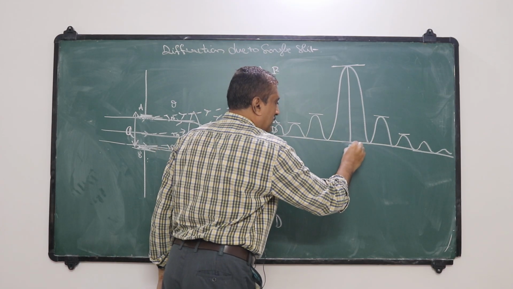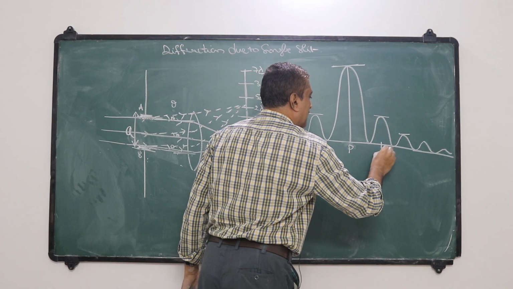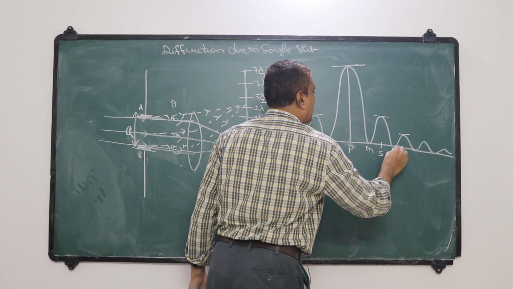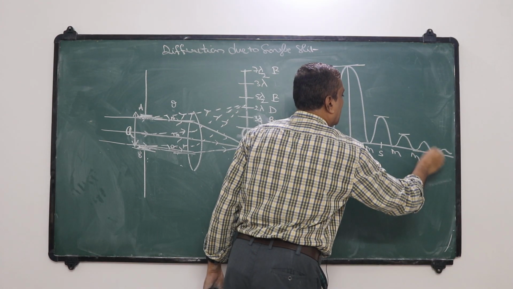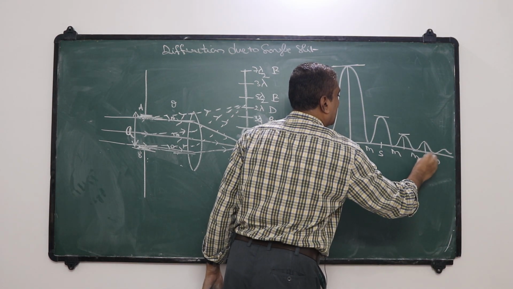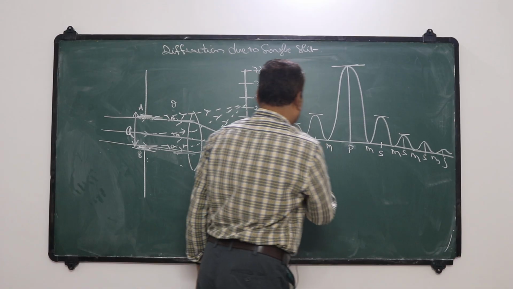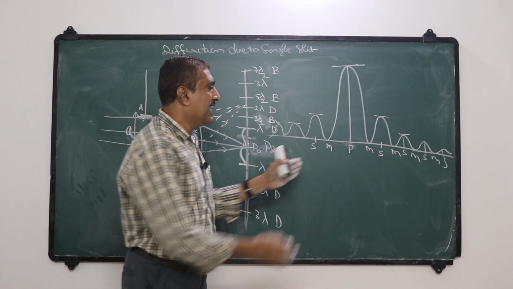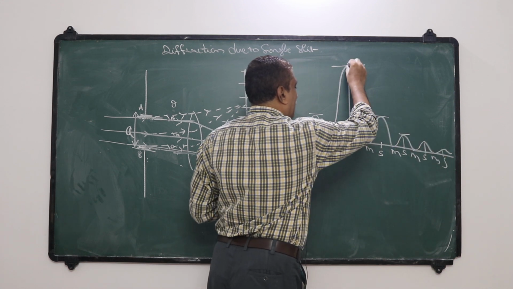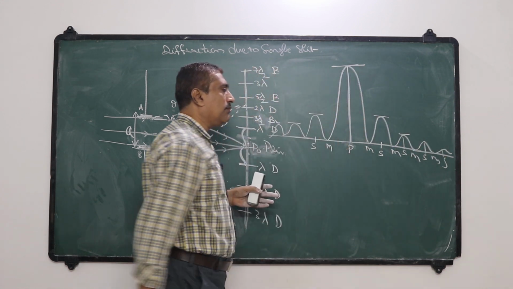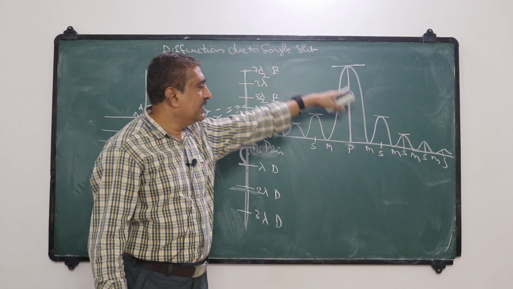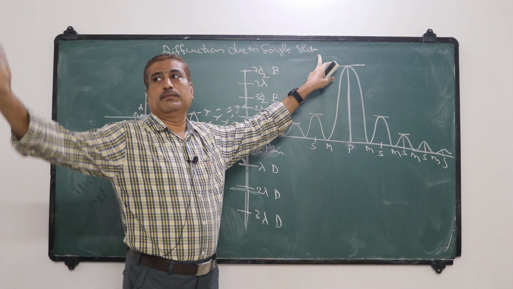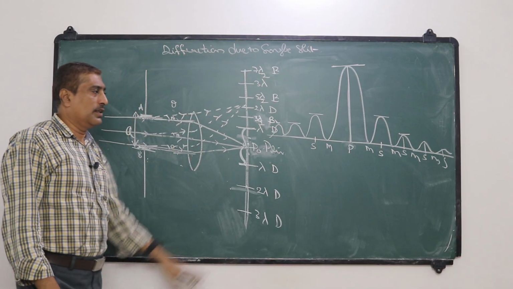So this is principal maximum, this is first order secondary maximum, and this is minimum. These are bright bands. So the intensity of the secondary maxima gradually decreases as we move away from the principal maximum. Right? This is the intensity distribution due to diffraction due to a single slit.